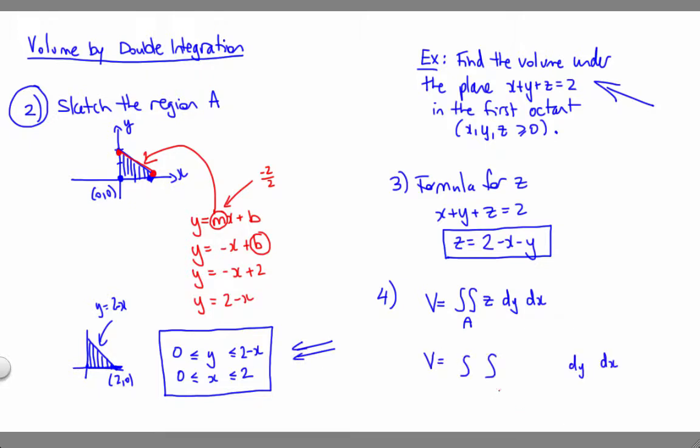Let's remember that the inside integral is going to match up with the inside differential, and the outside integral will match up with the outside differential. So let's just be aware of that as we put our limits on the integrals here.